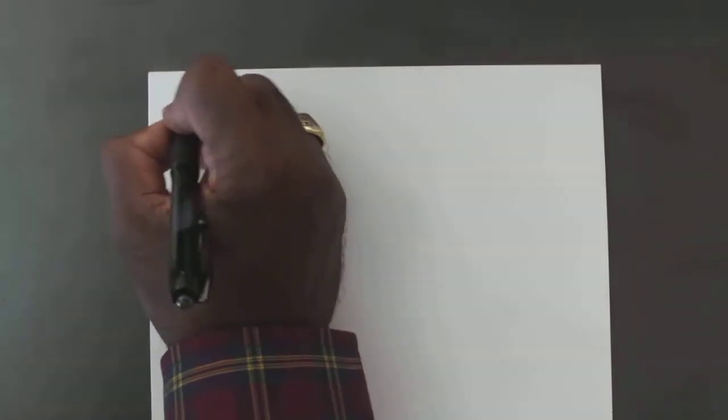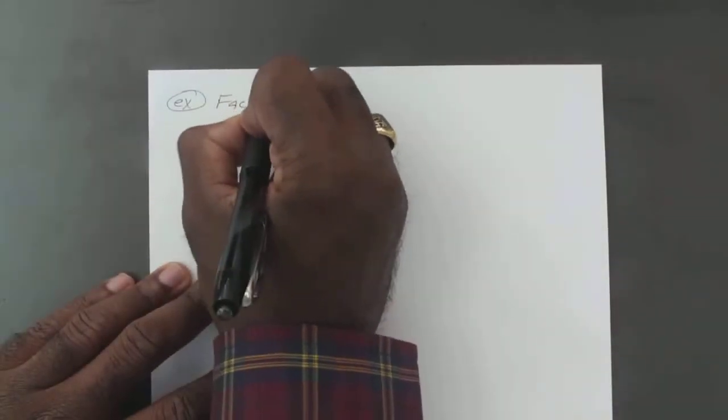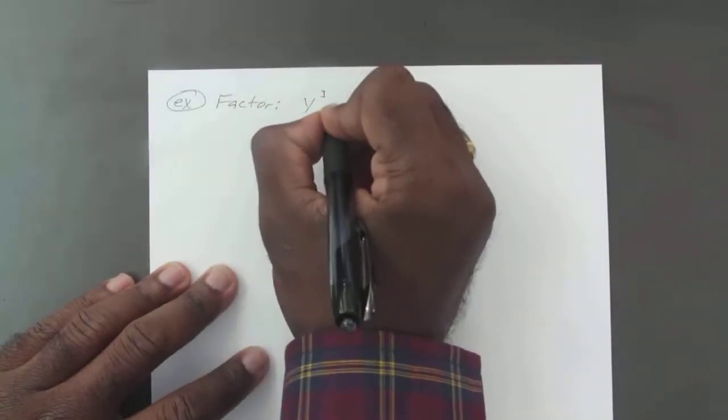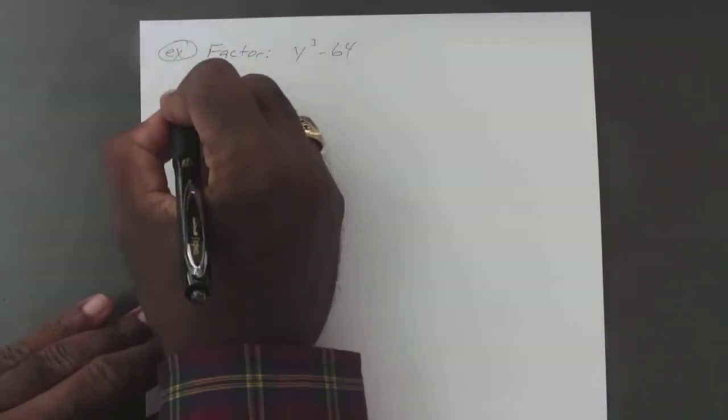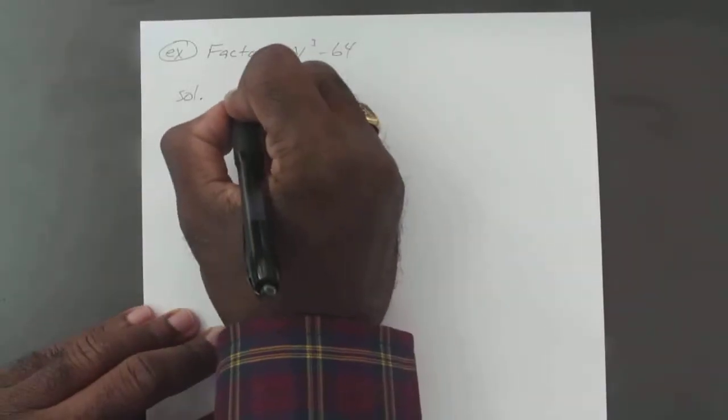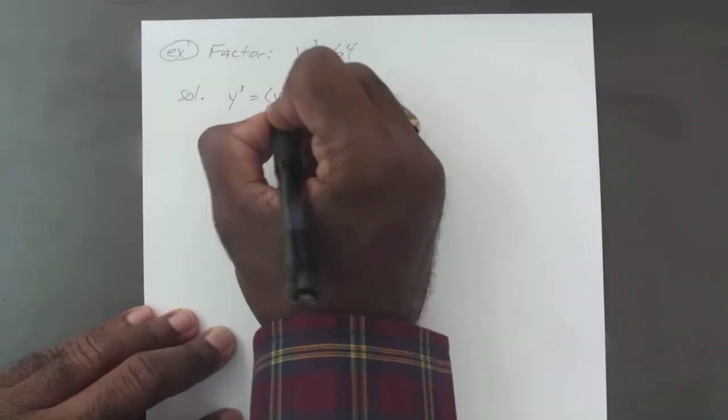Okay, so let's say, for example, if we wanted to factor y cubed minus 64. The first thing you'd notice, just like all the previous ones, is y to the third.